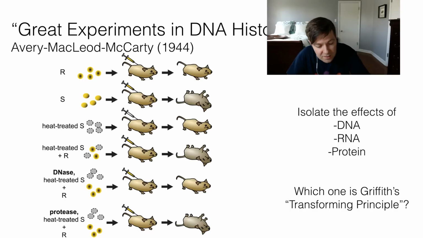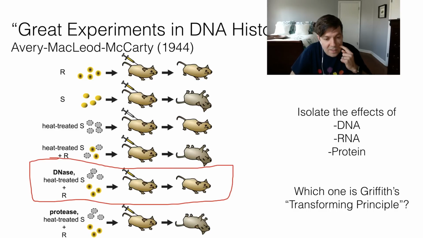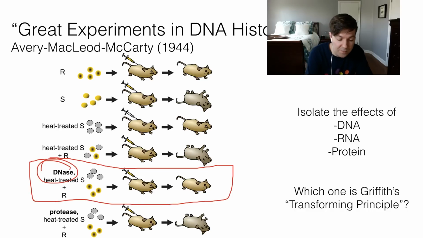But this is the key one right here. If you repeated Griffith's experiment, but you treated the dead bacteria with DNase, you destroyed their DNA, then all of a sudden we didn't get a dead mouse where we had before. So the transforming factor, the thing that made those rough bacteria dangerous, it must be DNA. They pretty conclusively proved it.